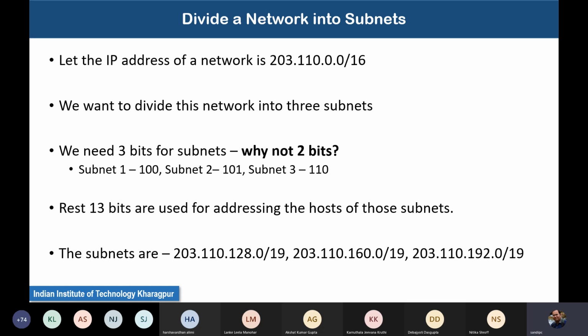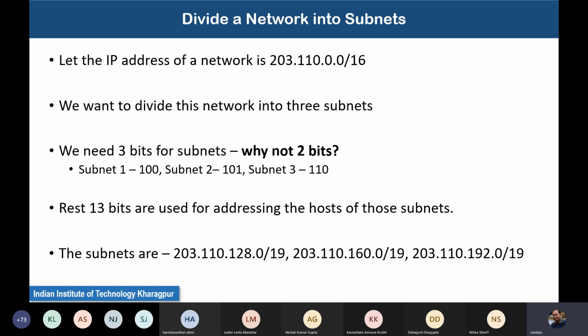That means if you look into the original block of IP addresses, I had 16 bits for the host. Out of those 16 bits, I am taking 3 bits out, putting them as a part of the subnet. If those 3 bits are 100, it is subnet 1; if 101, subnet 2; if 110, subnet 3. And the remaining 13 bits, that is 16 minus 3, will be used for addressing the individual hosts within that subnet.